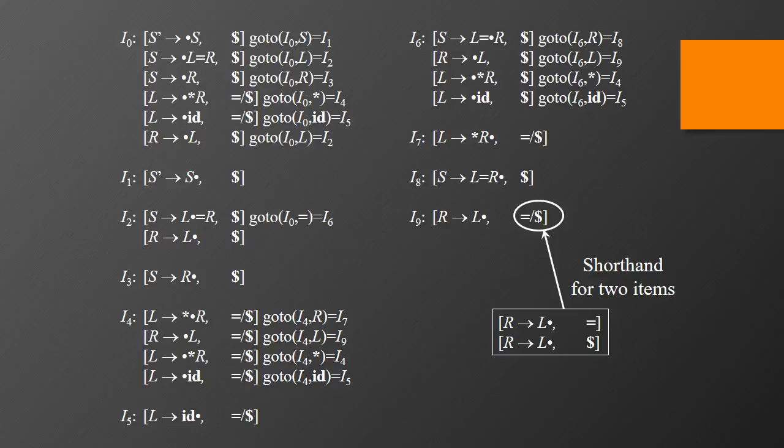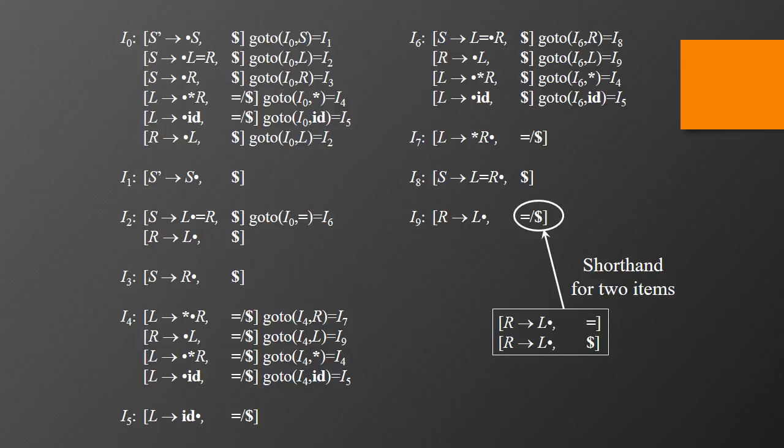So I4 of R will go to I7, I4 of L will become I9, I4 of star will become I4, and I4 of ID will become I5. So I5 will contain L gives ID dot comma equal-to-hyphen-dollar.